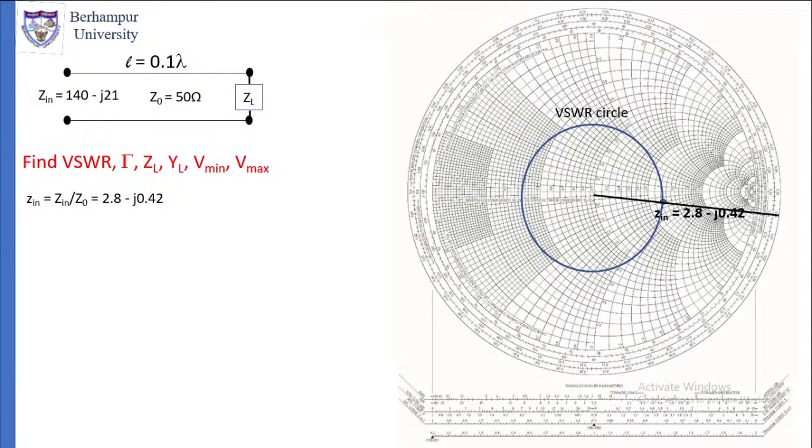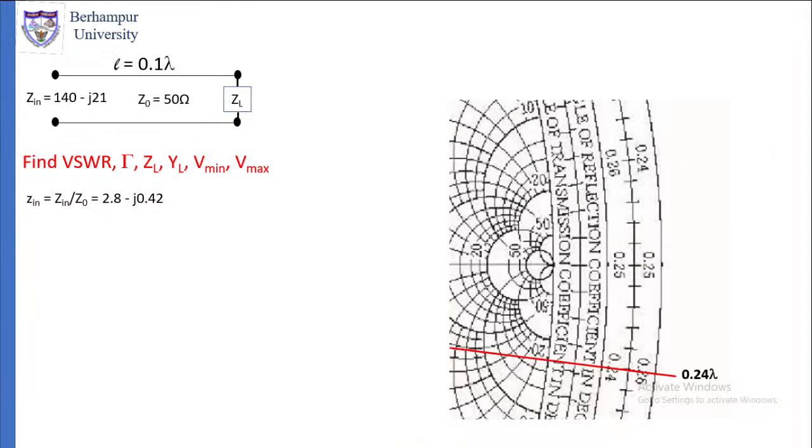To find the angle, join the center of the circle and Z in and extend that line to meet the outer circle of the Smith chart. Wherever it meets, read the value. What is the value at the outer circle? The outer circle is at a distance of 0.24 lambda.